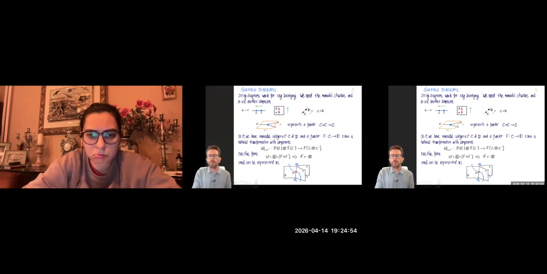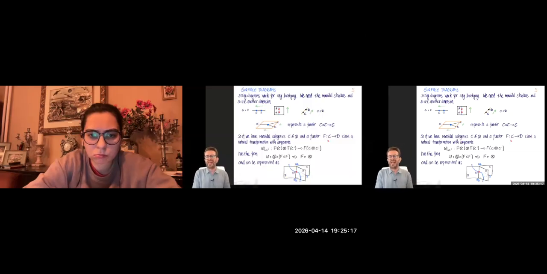If we have a monoidal category, we can represent the tensor product in this way, because that's the form of the tensor product. So if we have monoidal categories C and D and a functor F from C to D, suppose we have a natural transformation with components of the following form.